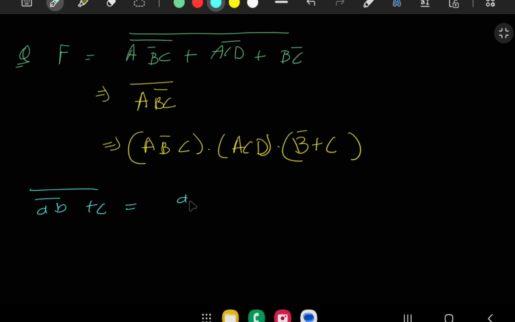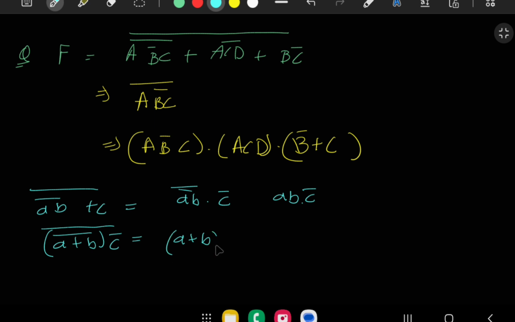So it will be like (a b bar) complement dot c bar. This is the same as a b c bar. As simple as that. For example, (a plus b bar) multiplied by c bar, whole complement, that will be a plus b plus c.